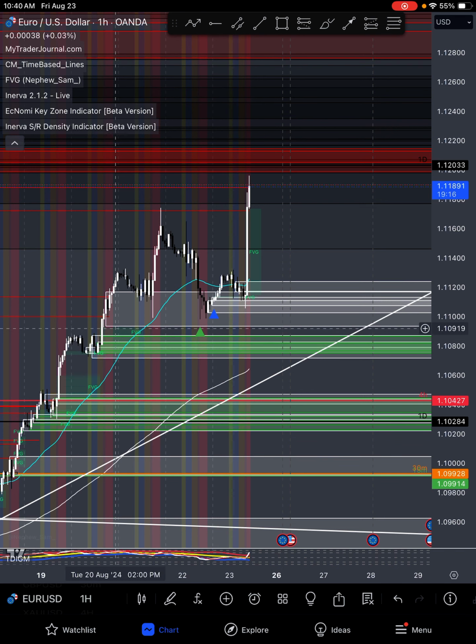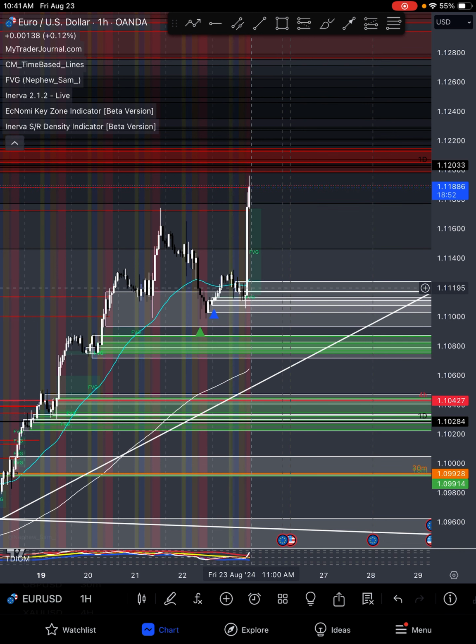It let you know that this is one of those areas that it built to support the market to keep going up. And then key zone is also there saying, hey, this is a demand at the same time. Same thing here. You have this support in these areas that were formed to help the market continue to go up. And you have key zones there. So they work in the same.